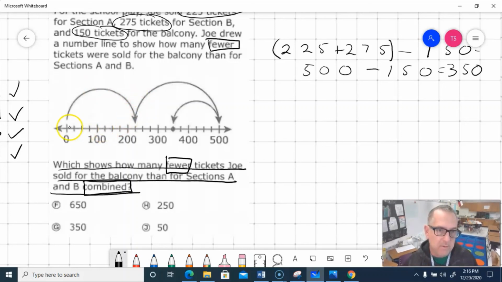So we can start right here: 25, 50, 75, 100, 125, 150, 175, 200, 225, which is how many tickets they sold in section A, 250, 275, 300, and then 325, 350, which is how many fewer tickets they sold in the balcony than sections A and B. So they're in sections of 25. The answer that I'm looking for is answer choice G, which is 350.